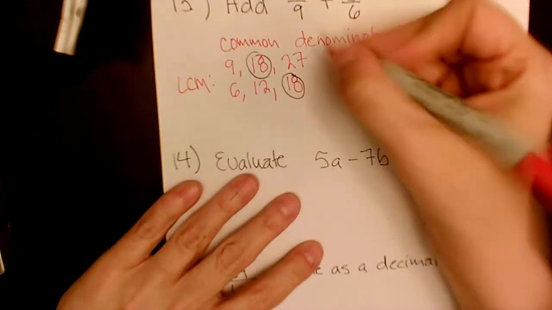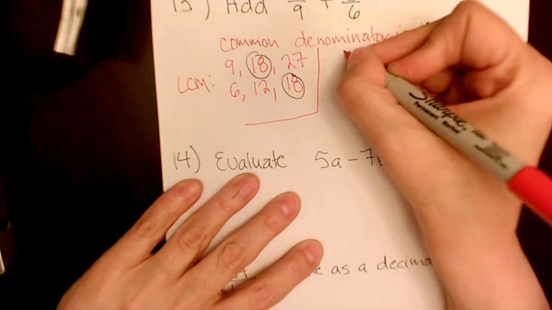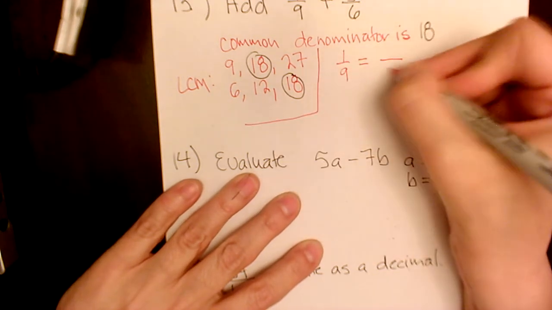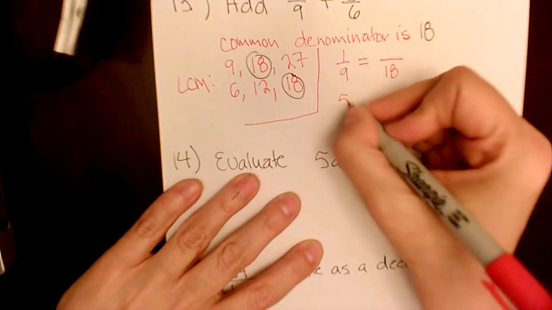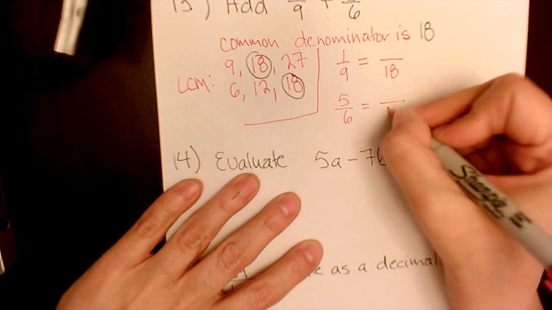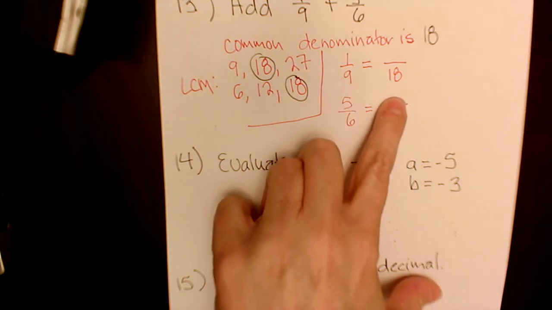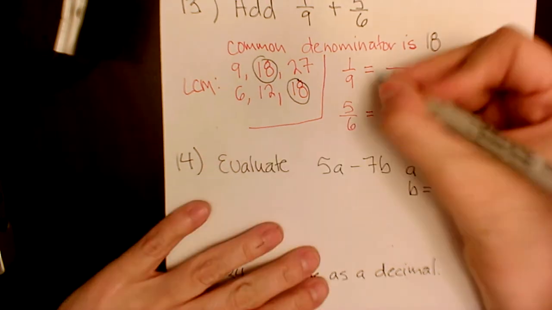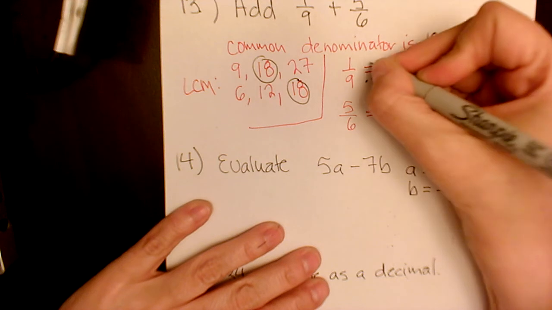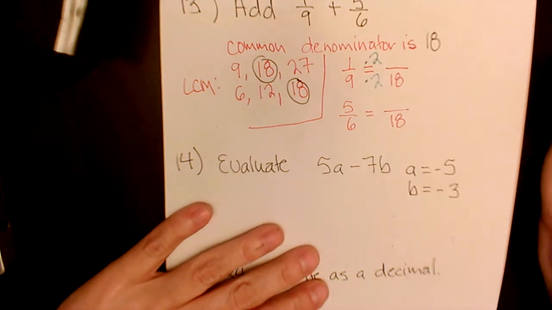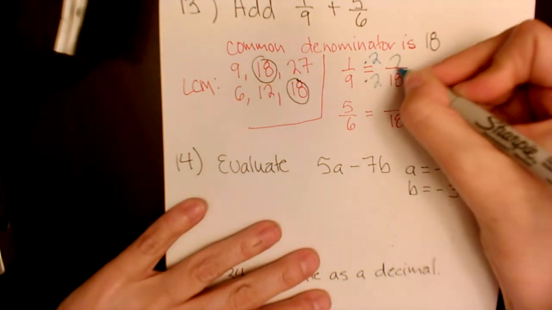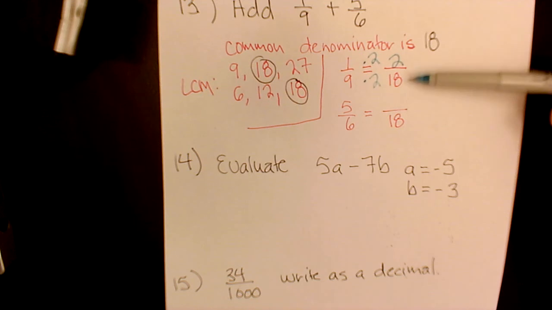So then, let me block this off. We're going to change 1/9 over to 18ths and 5/6 over to 18ths, because that's our common denominator. So 9 times what will give me 18? 9 times 2, and whatever I do to the bottom I need to do to the top. So 1 times 2, so 1/9 is now 2 over 18.